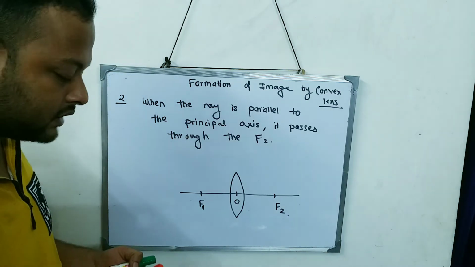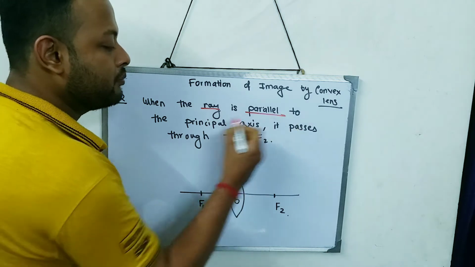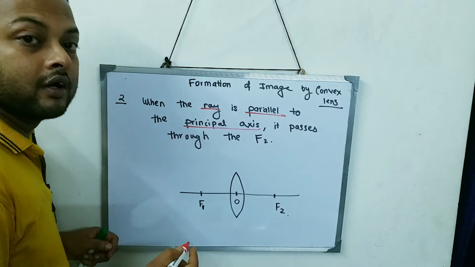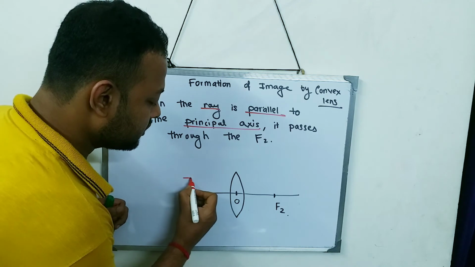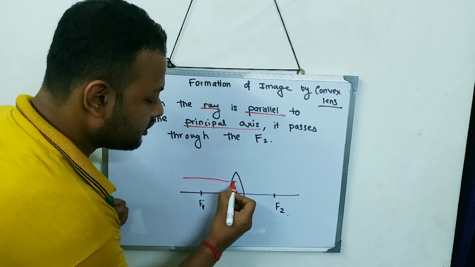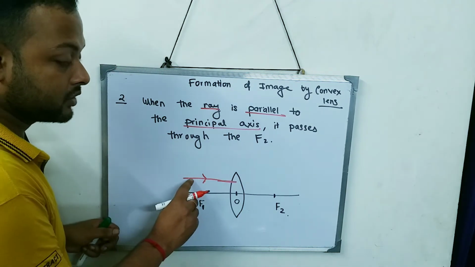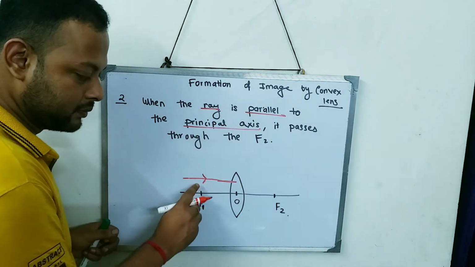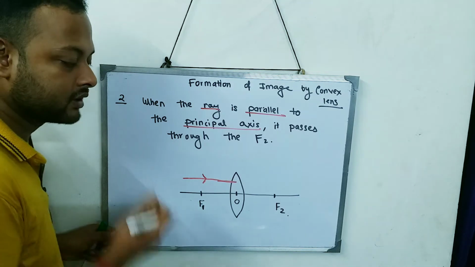Now what does it say? A ray which is parallel to the principal axis means what? The incident ray, the ray which is incident like this. You can see, the ray is parallel to the principal axis.